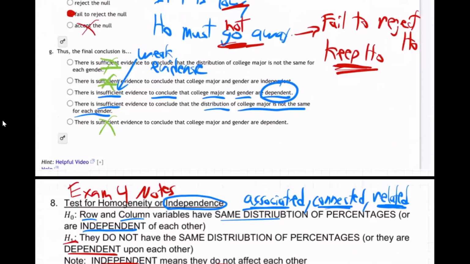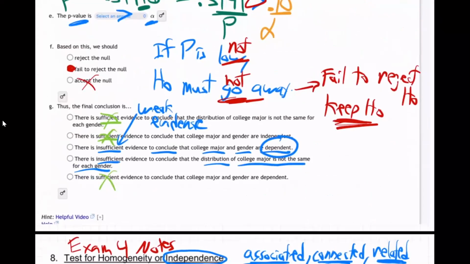So let me help you with this. Evidence is weak, right? Evidence is weak, and they are independent. We conclude they're separate. They're independent. Your major, your gender, they just have nothing to do with each other. We concluded, right? They're independent. So should we circle this dependent one? Yeah.